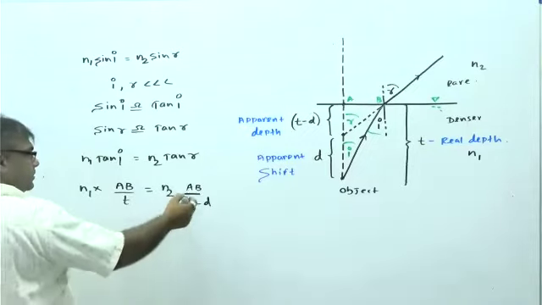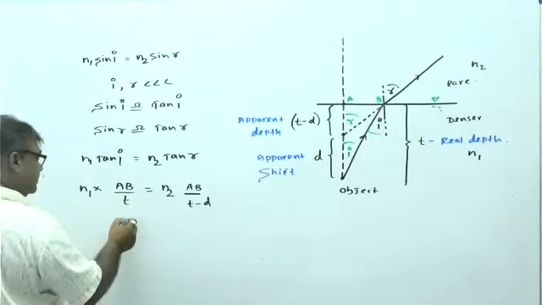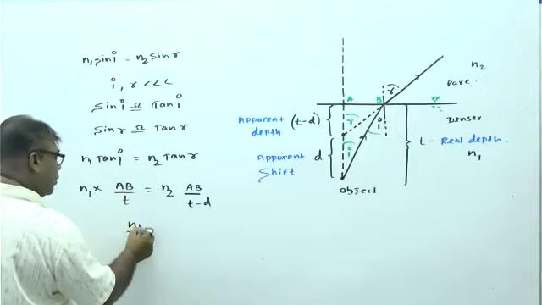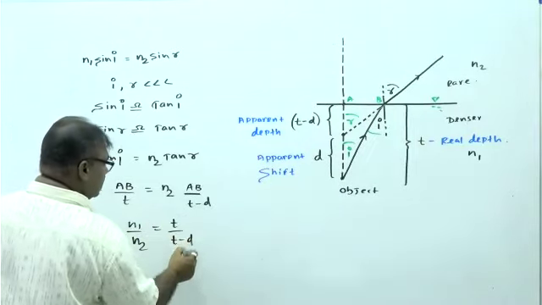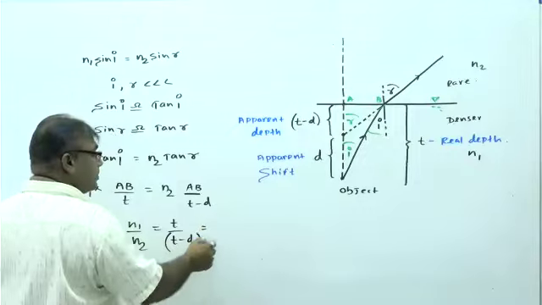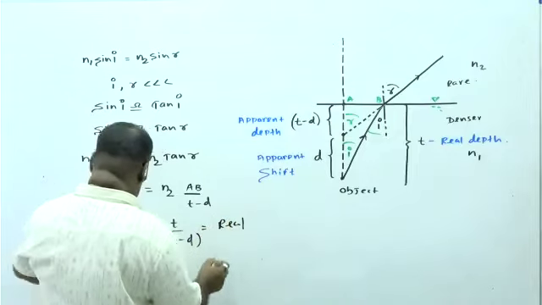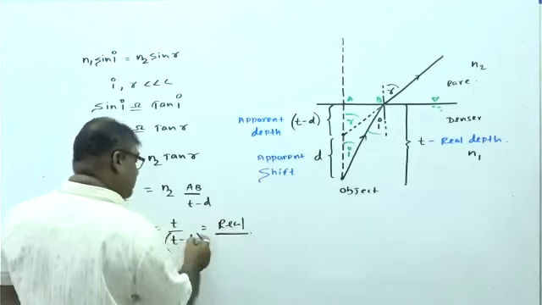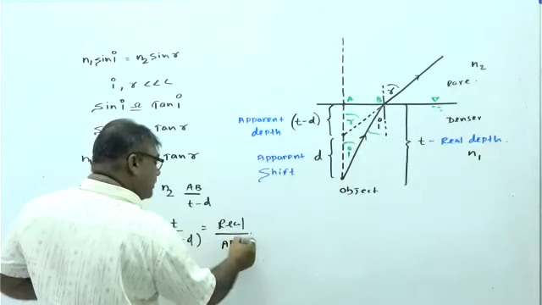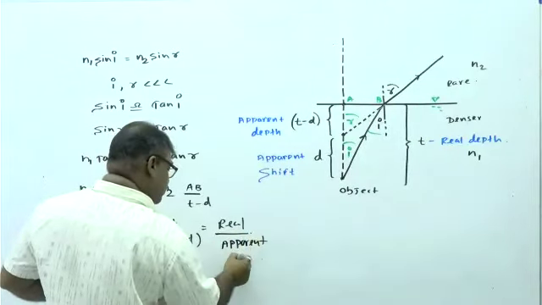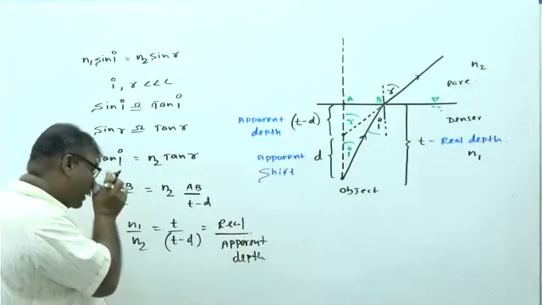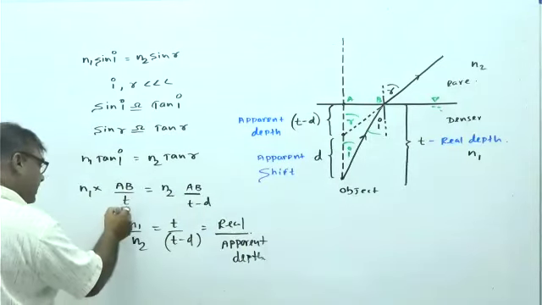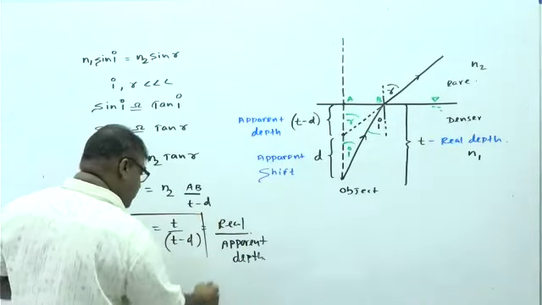Yes, T minus D. AB cancels. It's N1 over N2 becomes T over T minus D. Then you can say T, the real depth, divided by T minus D, the apparent depth. Not apparent shift, apparent depth. This is the standard equation for any two mediums.